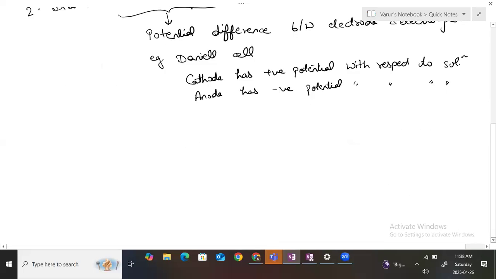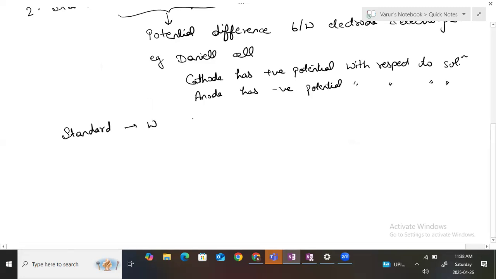Next is the terminology of standard electrode potential. When we use the term standard, basically, when the electrolyte I was using is of concentration one, at that time we can say that the potential generated is standard.